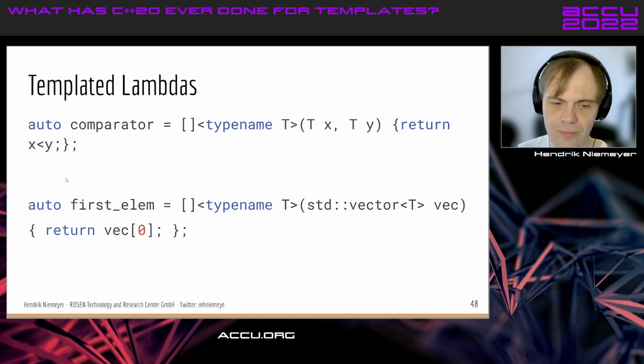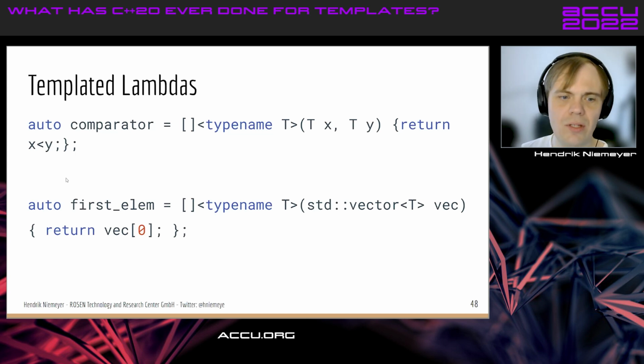And this is also an interesting feature if we need the template, for example, because the second example here is we have a lambda which gets a vector, but we want to be generic on the type of the vector. And this is only possible in this way with templated lambdas.